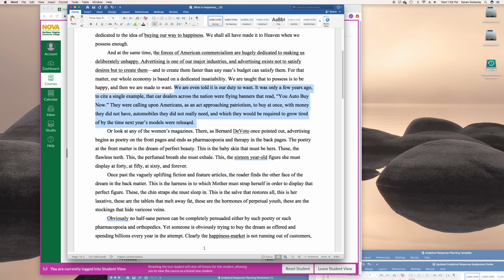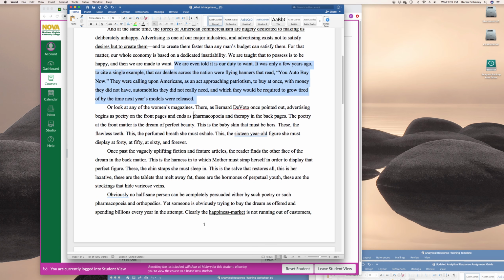So what do you think this example is showing about the nature of we are taught that to possess is to be happy, and then we are made to want? So he's really questioning that with this example. Read it very carefully and see how he's questioning that. And then he has a second example from women's magazines, okay? And he talks about the magazines that help women fulfill this dream of perfect beauty.